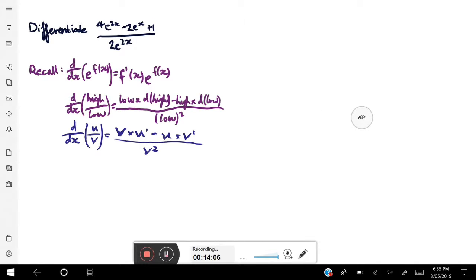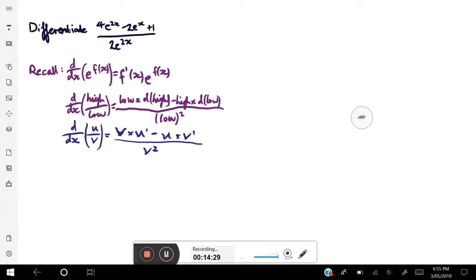Also, to be able to differentiate that, you need to know how to differentiate exponentials. So we have it on the first line of recall: d/dx of e to the power of a random function, let's say f of x, is equal to f of x differentiated multiplied by e to the f of x.